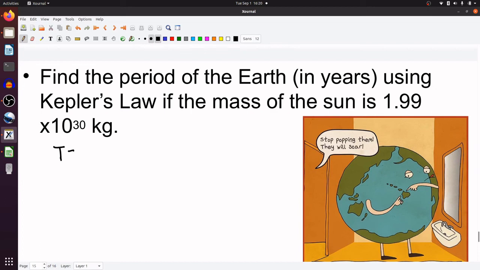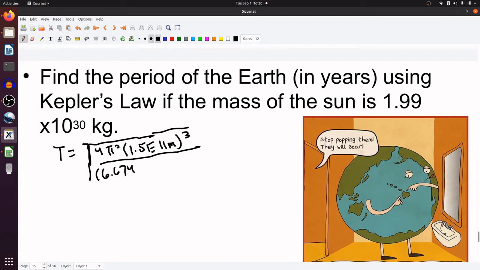So we use the fact that T is equal to the square root of 4 pi squared, and then the radius is 1 AU, and recall that that's 1.5 times 10 to the 11th meters cubed, don't forget to cube, divided by, and this is where it gets messy, 6.674 times 10 to the negative 11th newton meters squared per kilogram squared, and then times 1.99 times 10 to the 30th kilograms. Pretty messy.